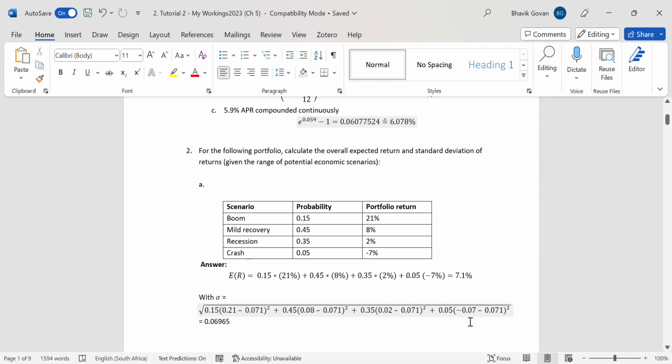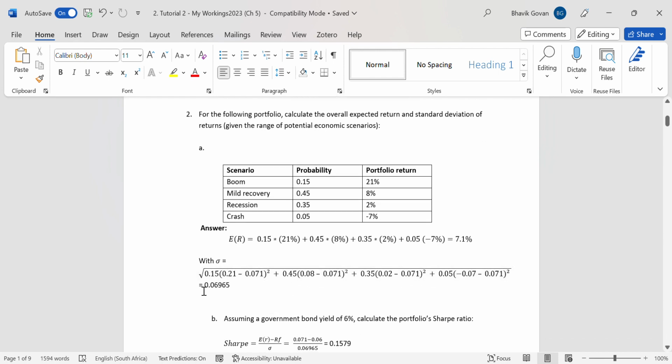So the square root of all of that will basically give us our standard deviation of 6.9%.